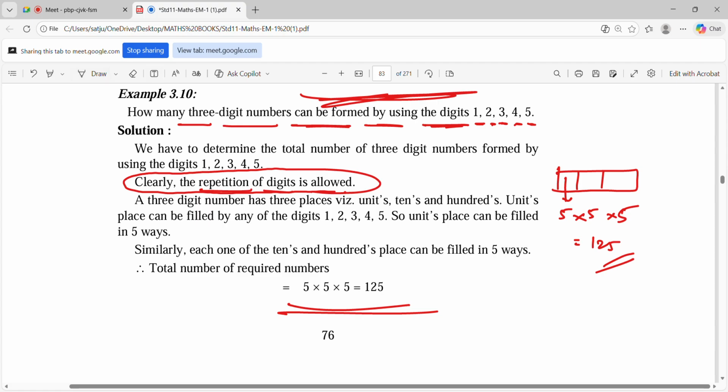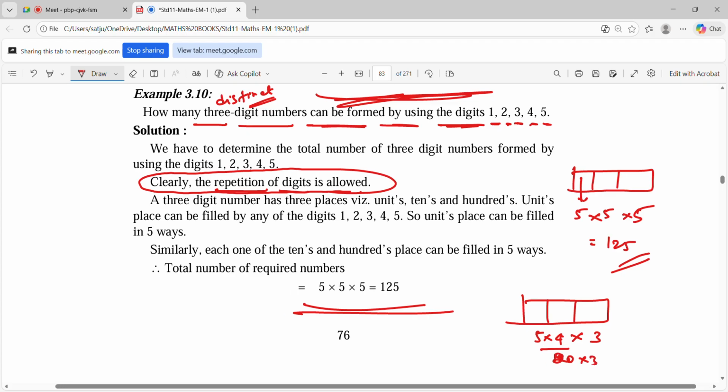Suppose the question is how many distinct 3-digit numbers can be formed; in such a situation, 5, 4, 3. 20 into 3, 60. So this is also possible if the question says distinct. Shall I proceed further?